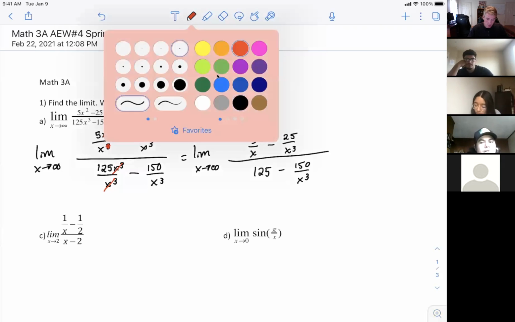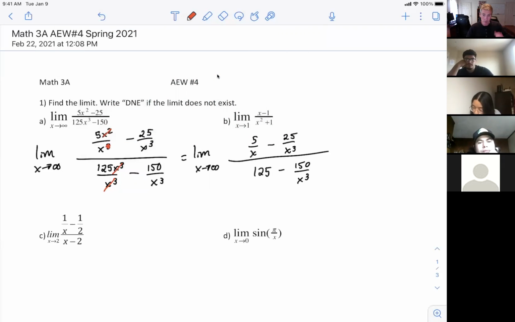So this is the way you're supposed to do it when you're supposed to show all of your work. And then you look at each term, like the 5 divided by x. If you take a 5 and divide it by infinity, the result is so small, it goes to 0. So this one goes to 0. The same thing happens with the 25 divided by x cubed, so that goes to 0.